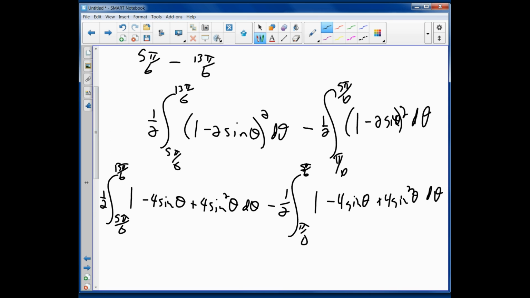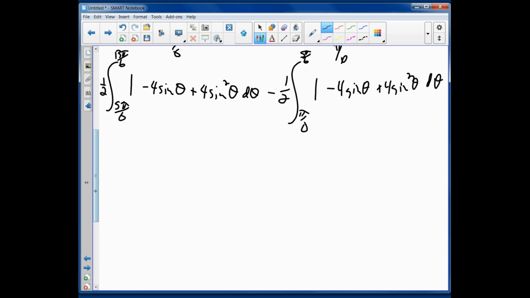Said several different times. Okay, so oh my lord, I don't have enough room on this board. So this is 1/2 the integral from 5 pi over 6 to 13 pi over 6 of 1 minus 4 sine theta plus 4 times (1 minus cosine 2 theta over 2) d theta.